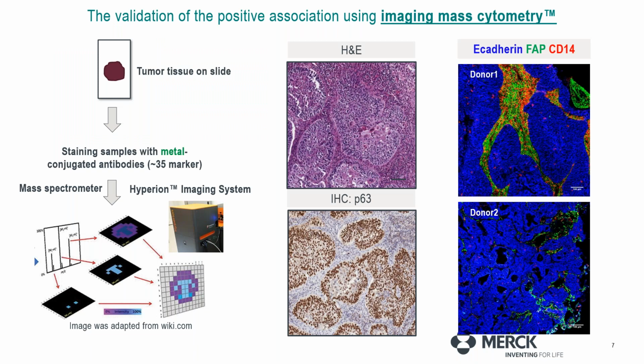Clearly you can see that in donor 1, we see more FAP positive fibroblasts compared to donor 2, and we also see a higher percentage of CD14 positive cells in donor 1 compared to donor 2. However, how can we translate this information from images to actual numbers and graphs so that we can also analyze the positive correlation relationship?